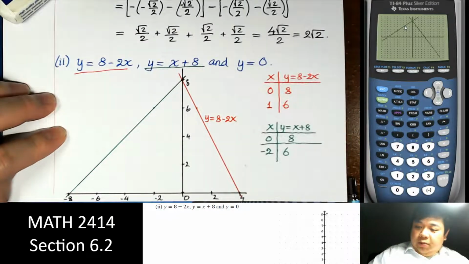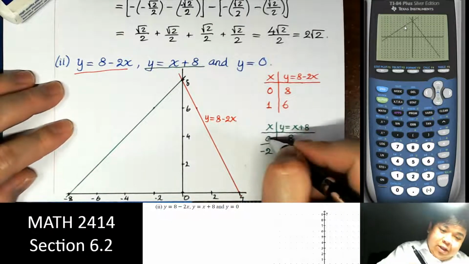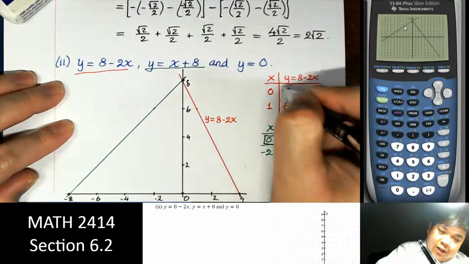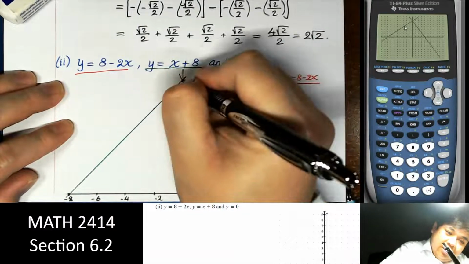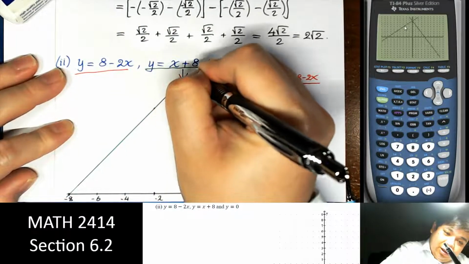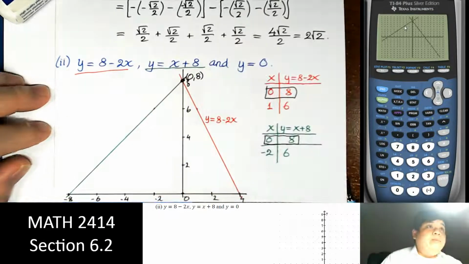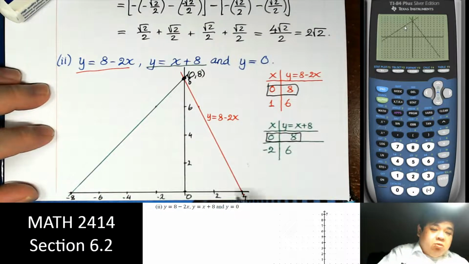And we see both of them have the same point, 0 and 8. So there's an intersection. So it's just this triangle.